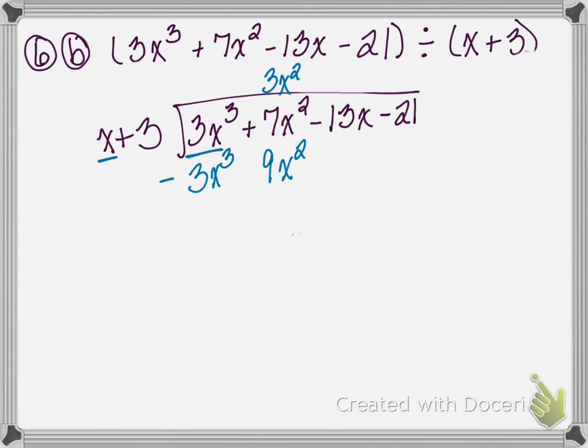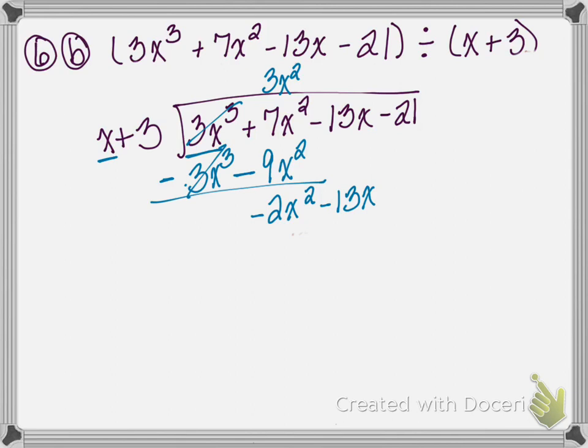And we are subtracting, okay? So both of those were positive, so we have to change the sign to negative. Okay, so 3x to the third minus 3x to the third cancels out. Then I'm left with negative 2x squared, and I bring down my negative 13x.